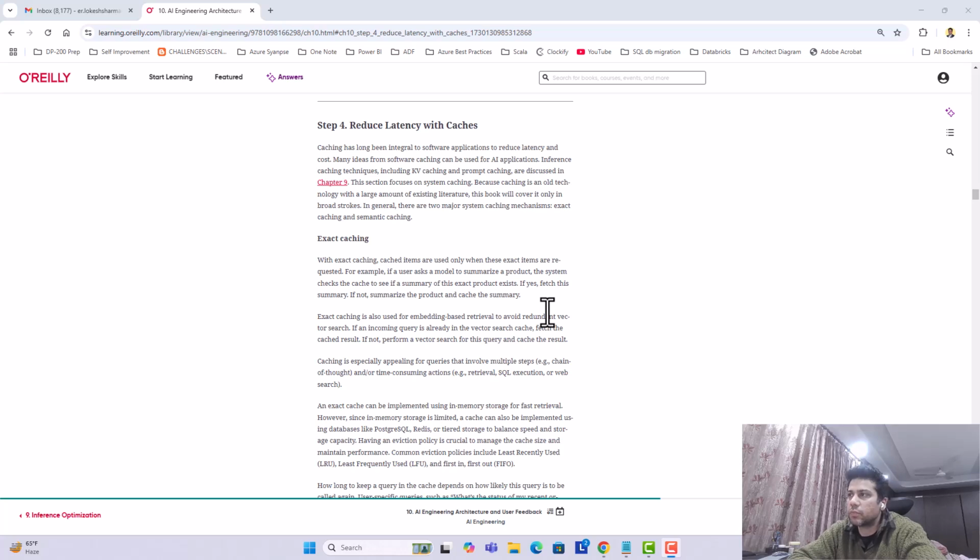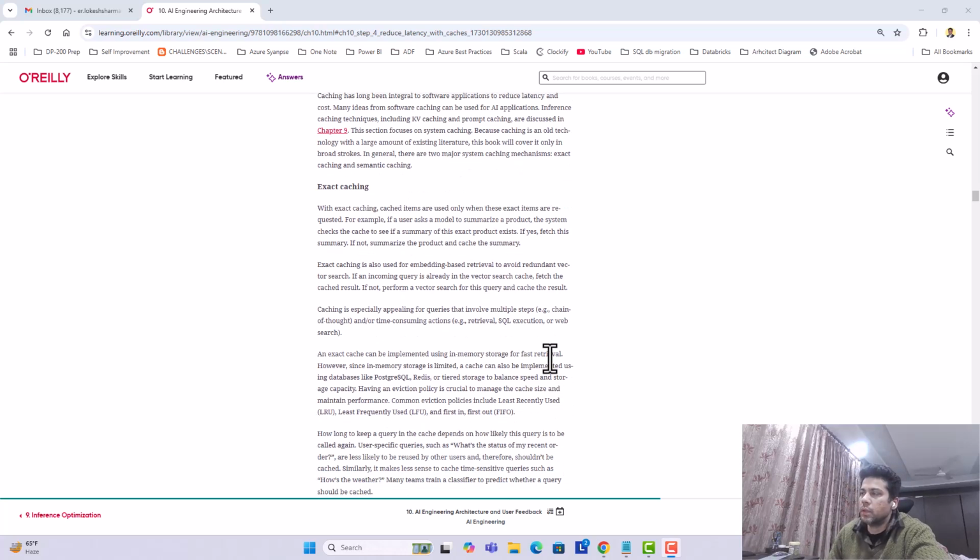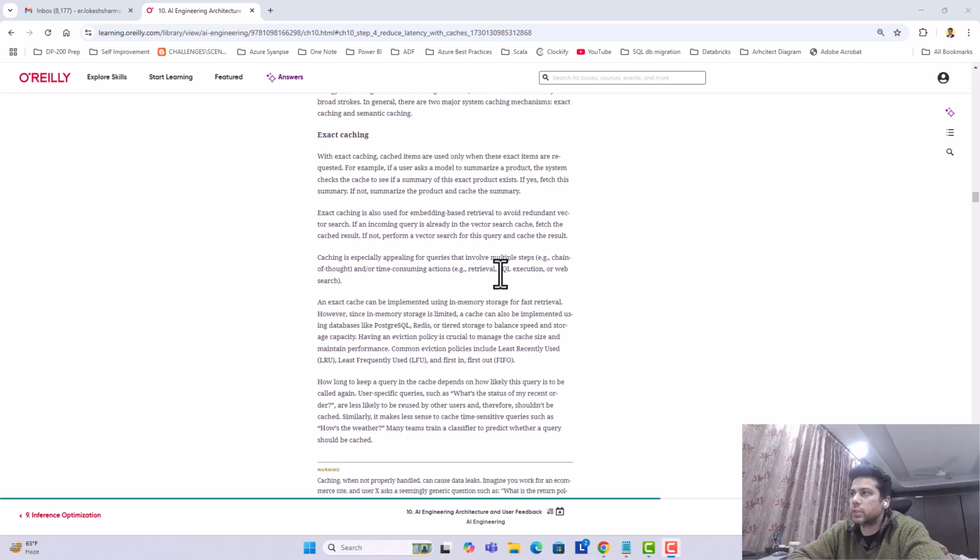Caching has been around for quite a while, and it's applicable to most applications, especially the applications where you need a user interface. So the author is saying there are two types of caching that he is making us focus on. One is exact caching, and the other is semantic caching. So let's read through this.